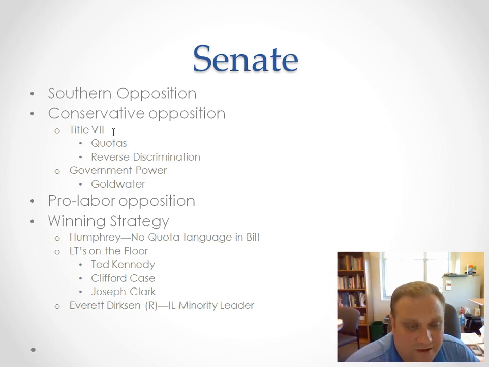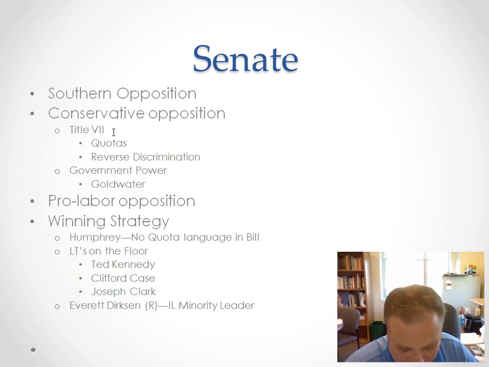So at any time they could make a quorum call in the Senate. The Senate had to have a majority, 51 people there, and if the Senate doesn't have a quorum, you can't do business, so you adjourn.